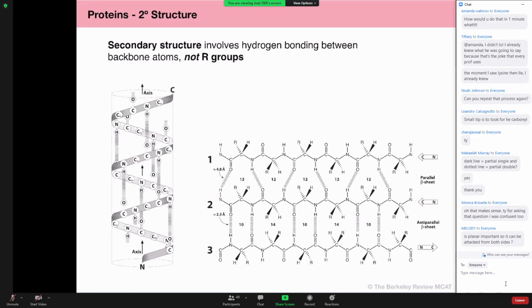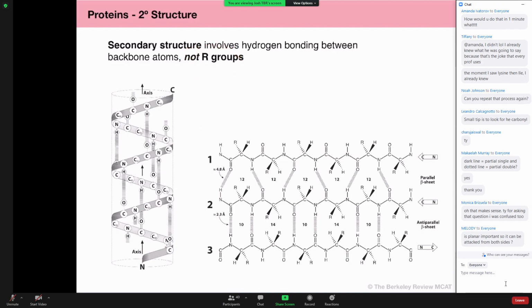Okay, so yes, that would definitely add to it, right? So enzymes can attack the backbone on either side and cut it in different ways. But it's also important because it allows you to more easily form, right, these secondary structures, right? Okay, so when we talk about secondary structures, right, it involves hydrogen bonding, very important, between backbone atoms and not the R groups.